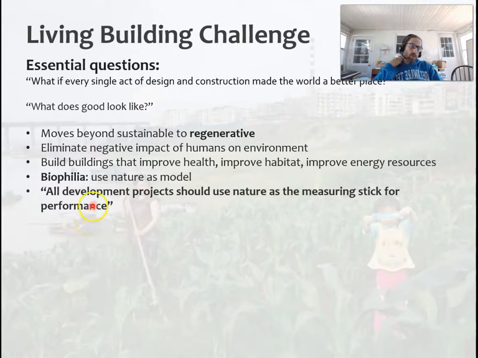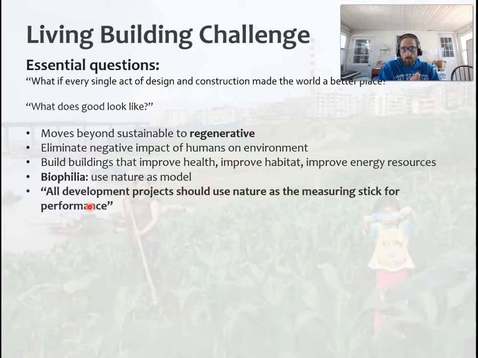This is a really important concept. If you remember back to passive design, we talked about how you want to use the ambient natural conditions to your benefit as opposed to fighting against them. Well, with living buildings, their model is nature because nature is self-regenerating.